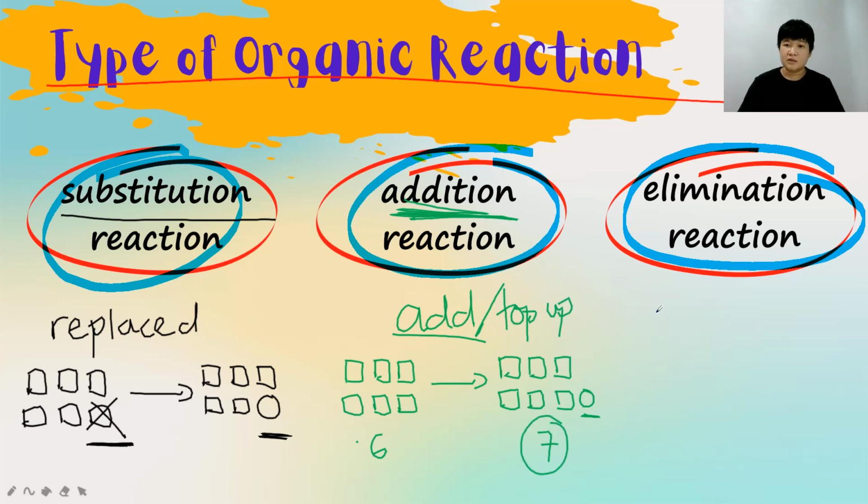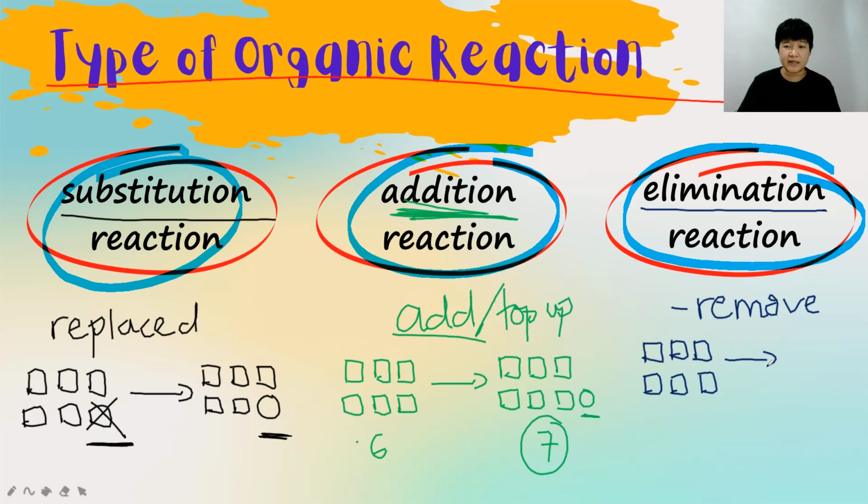Last but not least, we are going to talk about elimination. Elimination means we are going to remove only. We are not going to add in anything else. Remove means I might have 6 squares, and we do a reaction and I remove one of them without replacing or adding in anything. So you can see that the number is changing from 6 to 5.